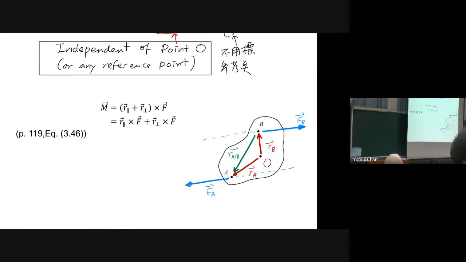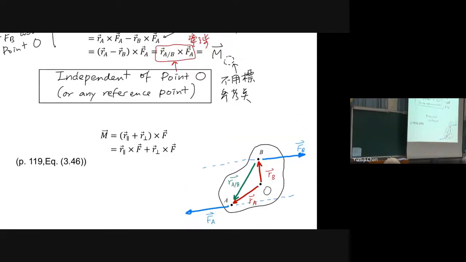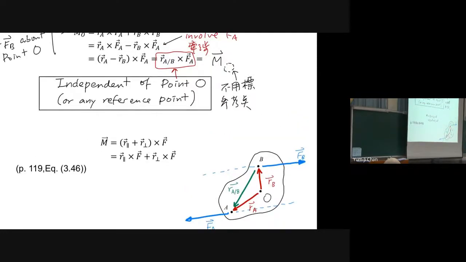For this one, of course, we have just now determined the moment is equal to R of A with respect to B, which is from B to A, cross FA, right? This is the moment of this couple. And our R of A with respect to B can be divided into two parts.